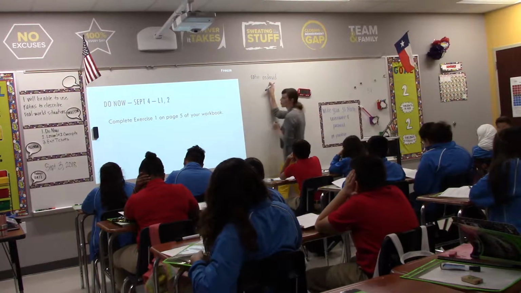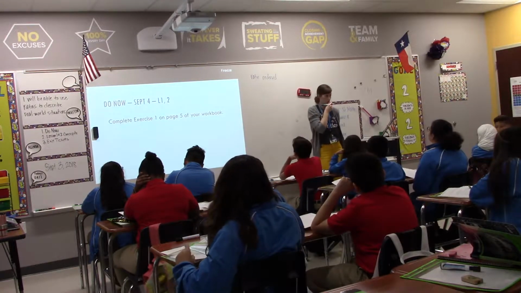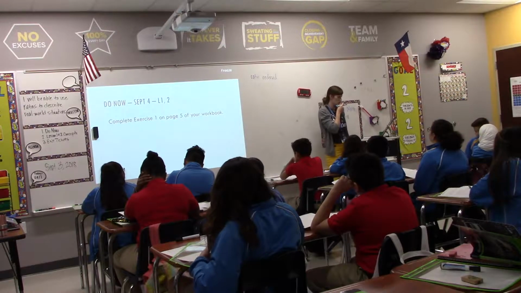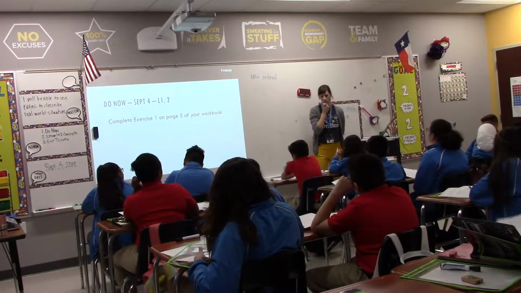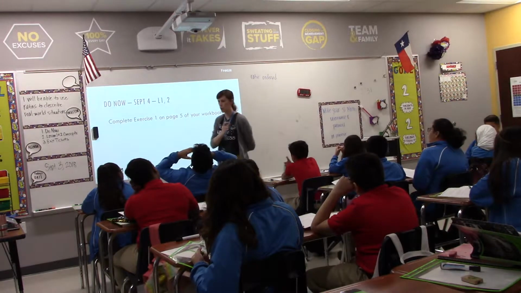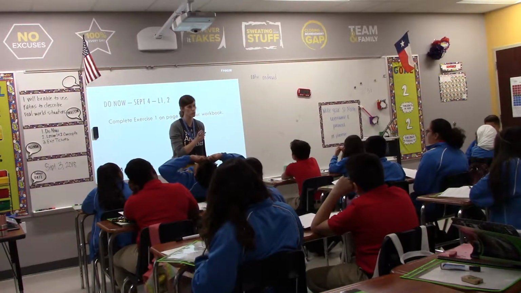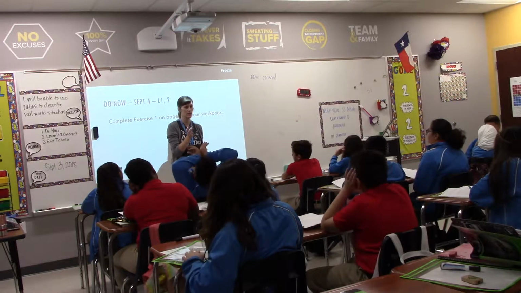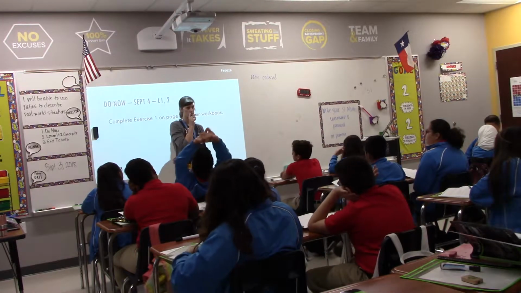What does this word ordered mean? Do you think if something is ordered that it matters which comes first, which comes second, or that it doesn't matter? Turn and talk to your partner.